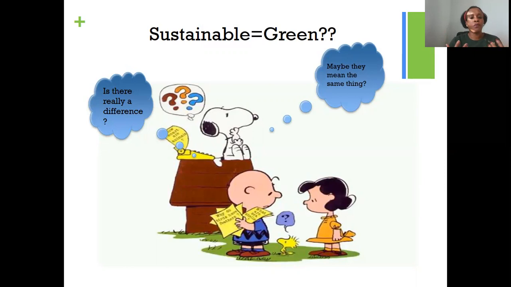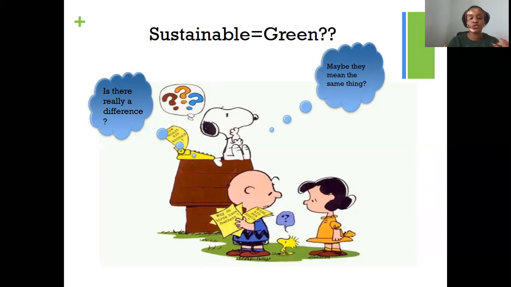What will really help us understand if sustainability means the same thing as green is to get into the definition of sustainability itself. And from there, we can also get into the definition of green and then understand if both are the same or not.